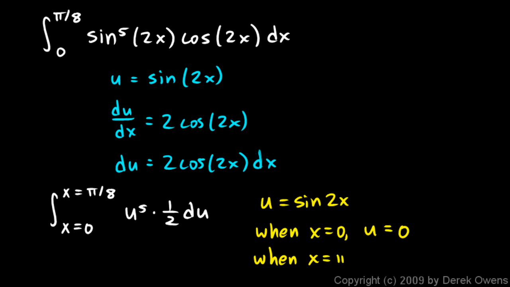And when x equals pi over 8, u is equal to the sine of 2 times that. So that's the sine of pi over 4. And the sine of pi over 4 is the square root of 2 over 2. So those are the values for u that I'll plug in here instead of x values.